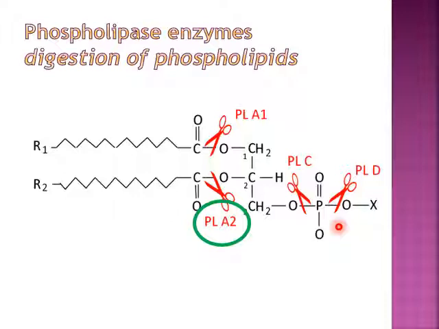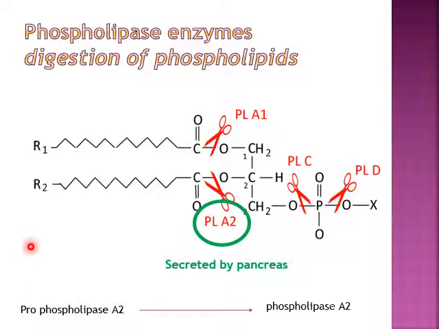It is also secreted by the pancreas into the intestinal lumen. It is first made and secreted as prophospholipase A2, so it is first made as a proenzyme, and then it is activated by protease enzymes to phospholipase A2.